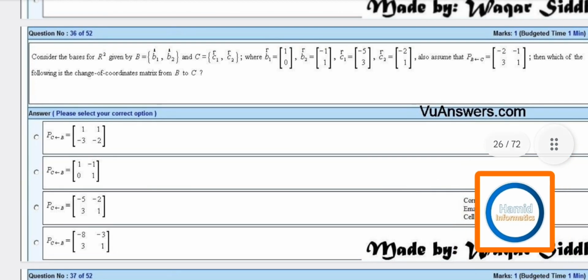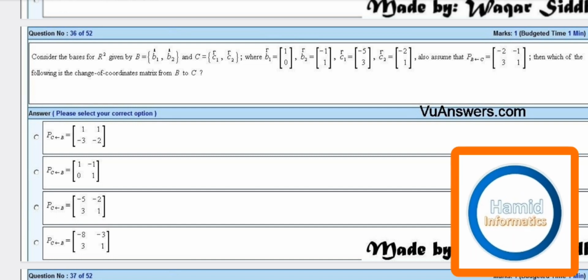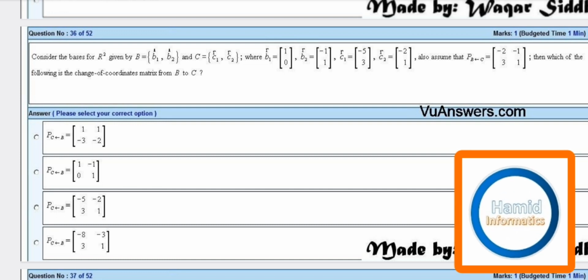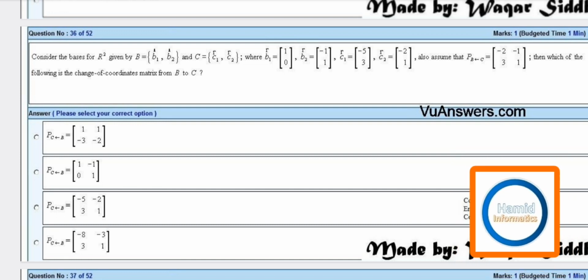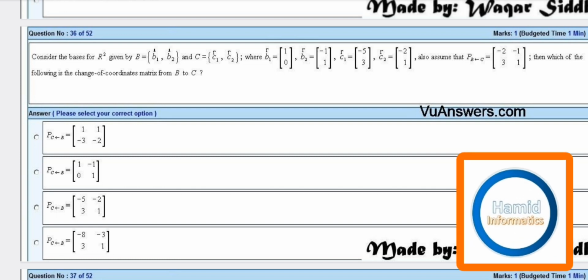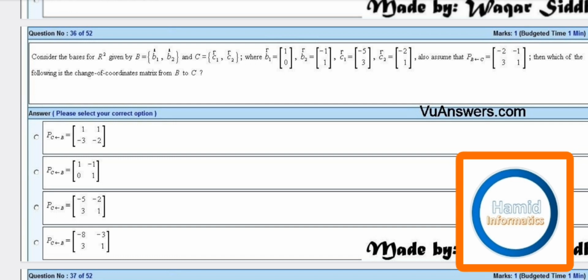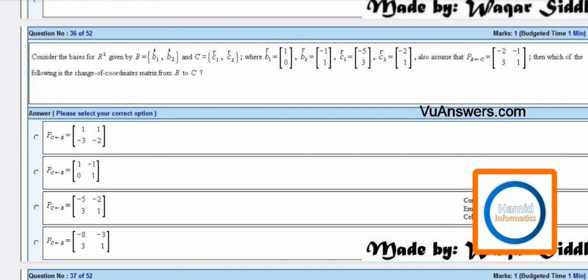Next question is: consider the basis for R squared given by B equal to {B1, B2} and C equal to {C1, C2}, where [B1]_R equal to (1, 0), [B2]_R equal to (-1, 1), [C1]_R is equal to (-5, 3) and [C2]_R equal to (-2, 1).